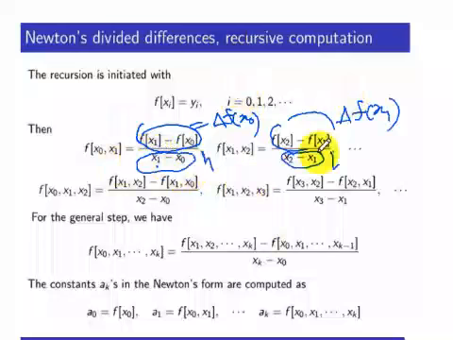That means if you consider any, let's write that out. So if you have f of x0 comma x1, that would be delta of f of x0 divided by h. And f of x1 comma x2 would be delta of f of x1 divided by h.